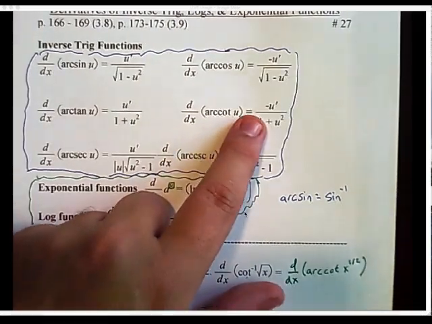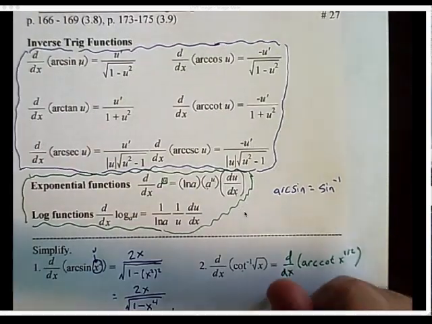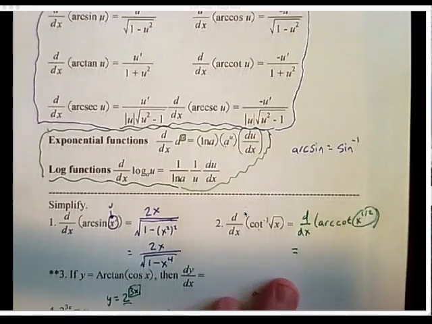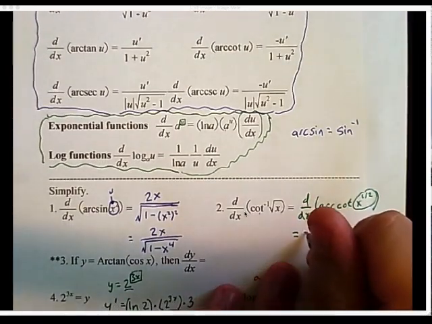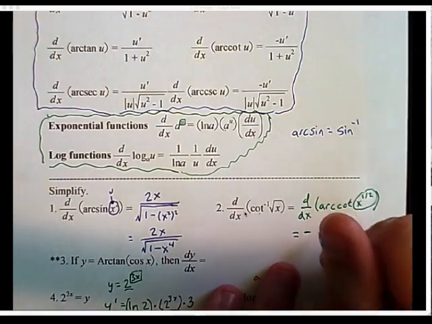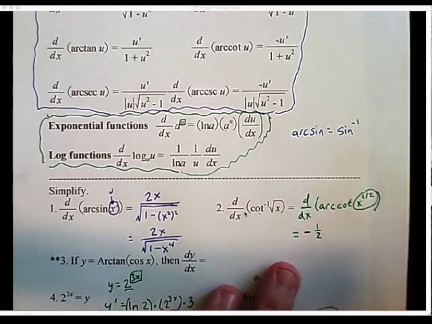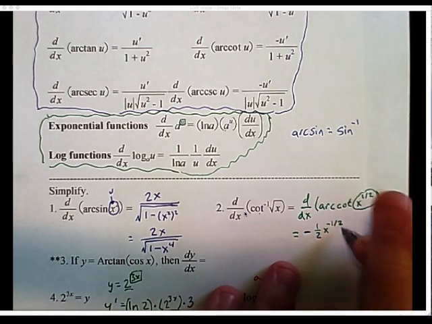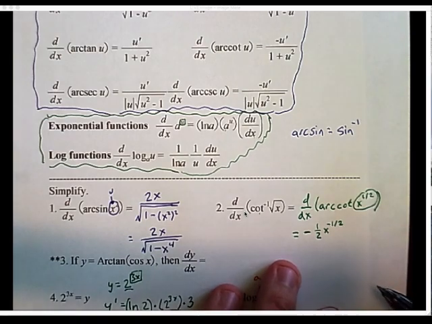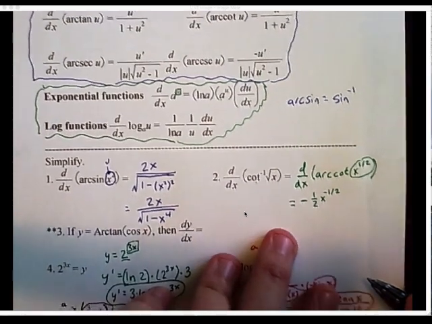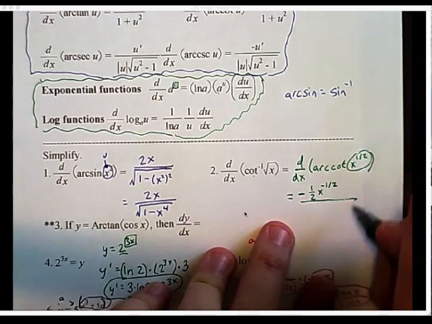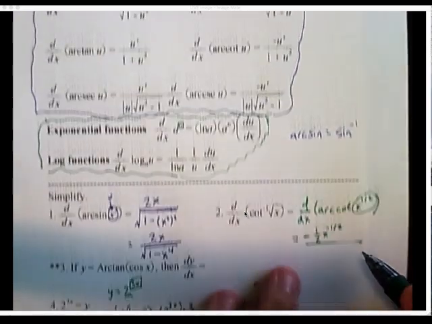It says negative u prime. All right, well u, this is u now. So negative, what's the derivative of this? It's 1/2, reduce the power by 1, over, what does it say here?